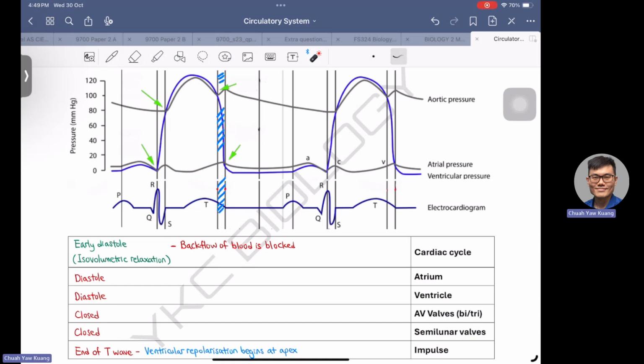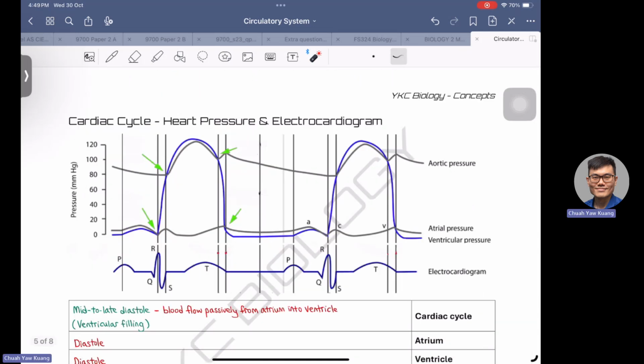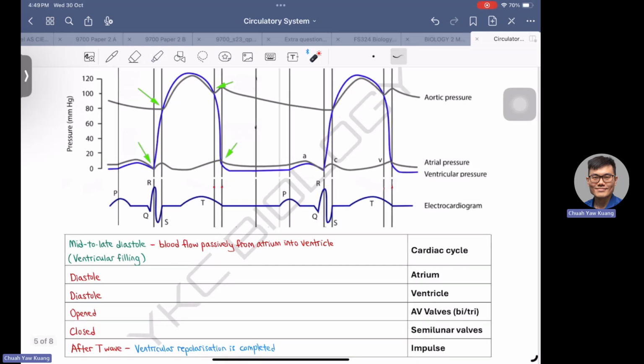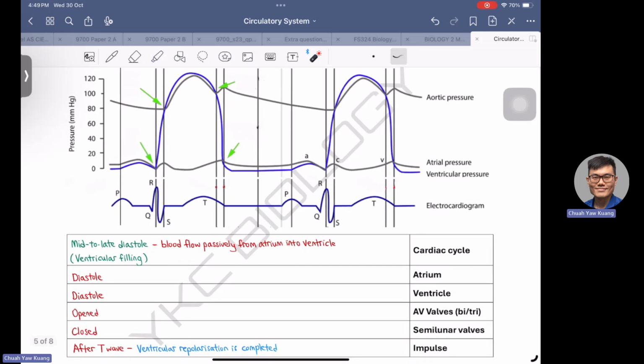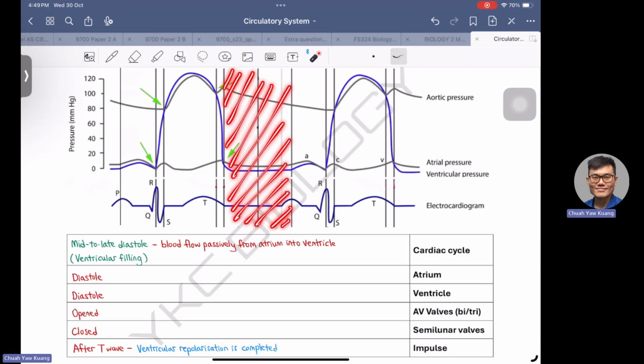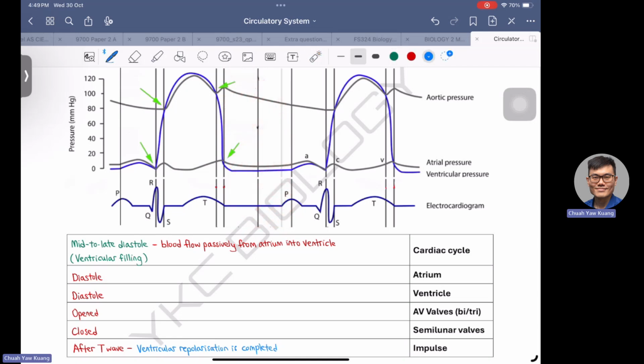Then next, we will look at the last phase of the cardiac cycle, which is the mid to late diastole. Mid to late diastole will be starting from this period of time until here, until the next P wave. So let me shade it with blue color.